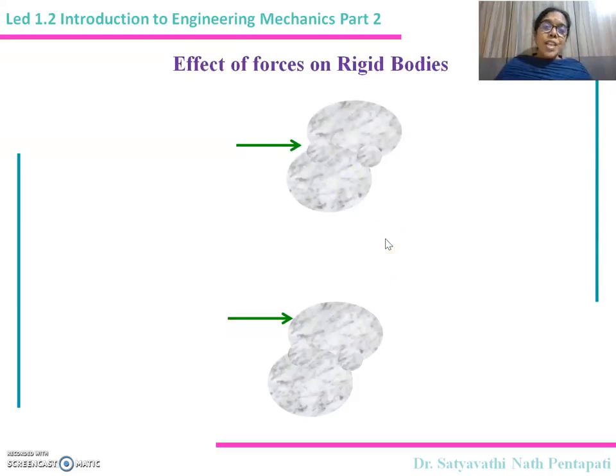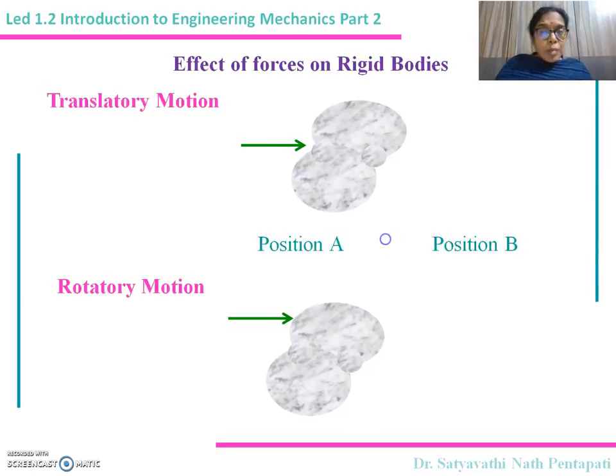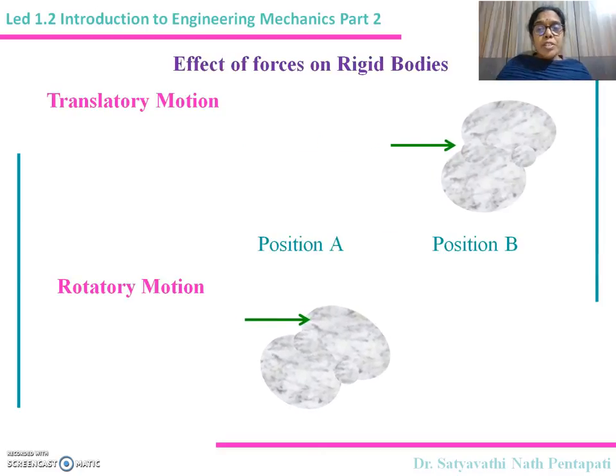When forces act on rigid bodies, there will not be any change in the size or shape of the rigid body. Then what will happen? The objects may shift from one position to another, or rotatory motion may take place.